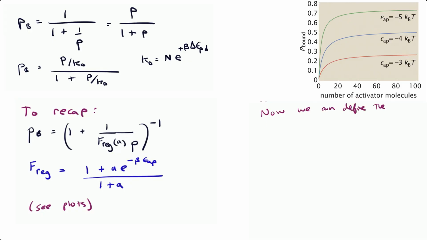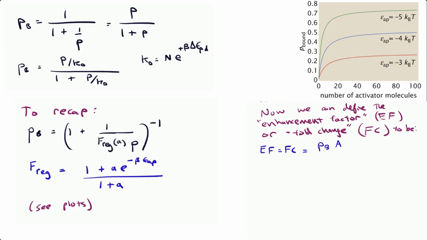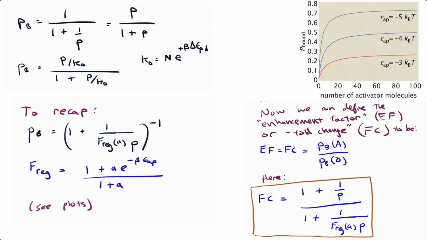Okay, so now what we can do is we can define an enhancement factor or a fold change, FC, to be the probability of binding when there's an activator present divided by the probability without any activators. So PB of A with activators over PB of 0. And here the fold change is given by that expression in the box, which gives you the enhancement in gene expression due to activators.